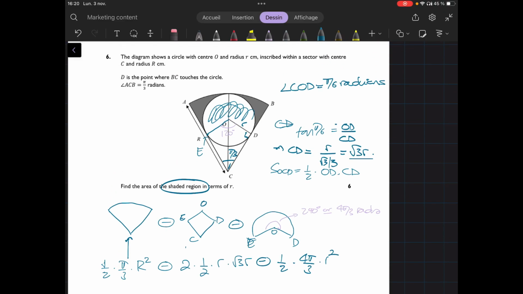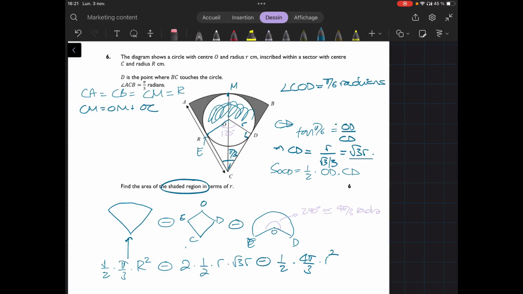The last step is getting a formula for big R in terms of small r. How are we going to do that? Notice that big R, let's call this M, for example. We know that CA is equal to CB is equal to CM is equal to big R. Big R is effectively OM plus OC.